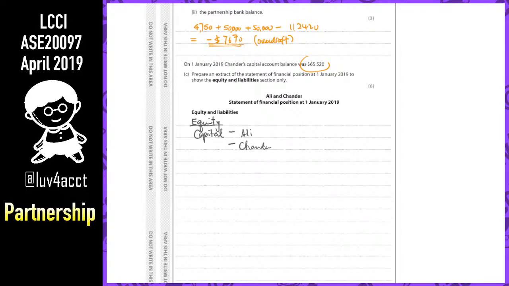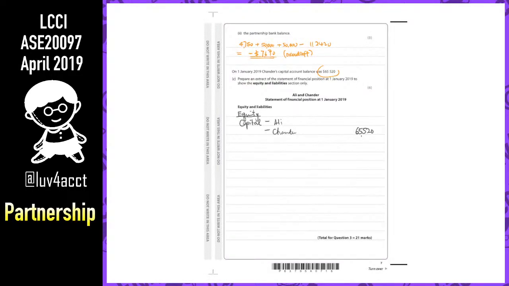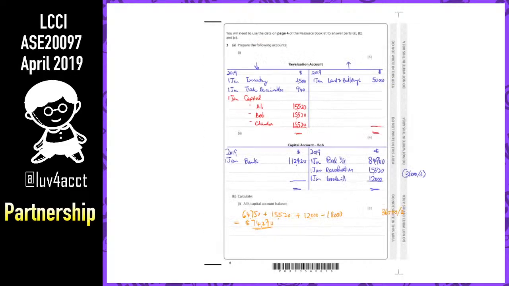Chanda is given to you as 65,520, and then for Ali, we have to check our previous answer, 74,270.